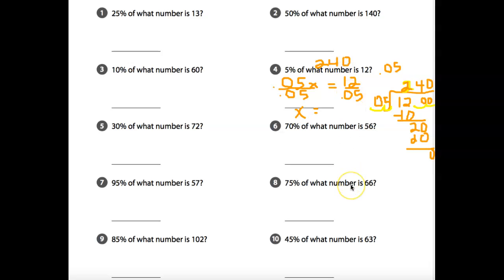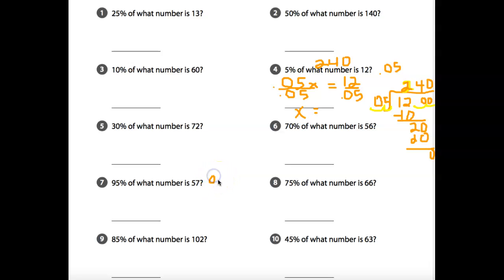All right, we're going to look at one more. Let's do number 7. 95% of what number is 57? All right, so what do you think the first step is? We got to change 95% to a decimal. 95 hundredths.